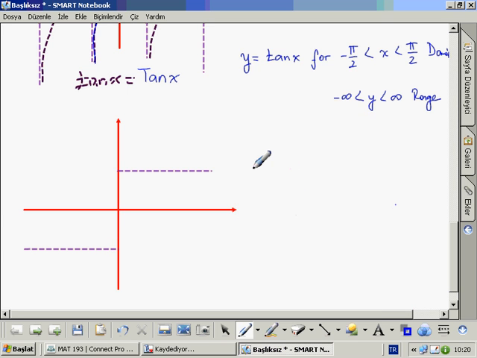The blue one is inverse tangent x, and this asymptote is pi over 2, and this is minus pi over 2.